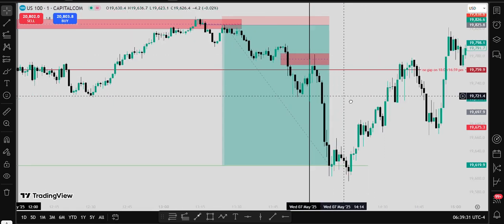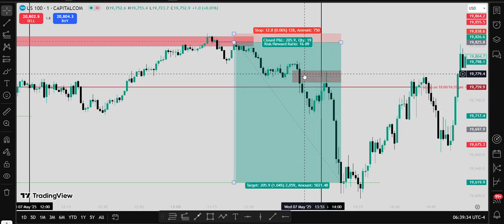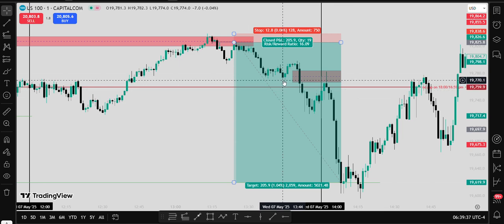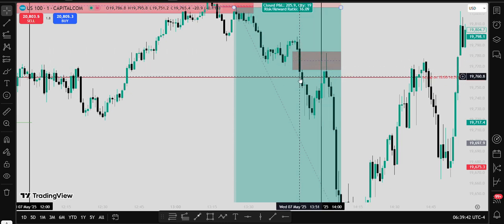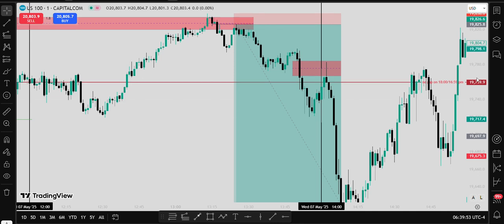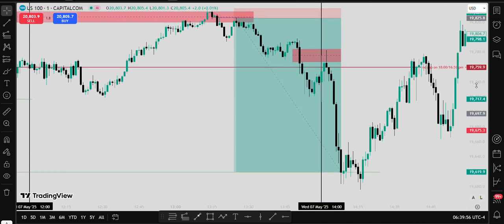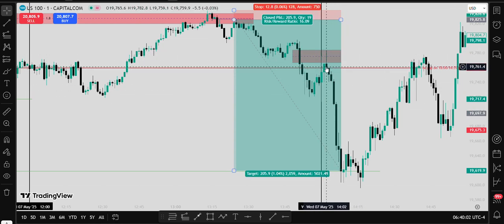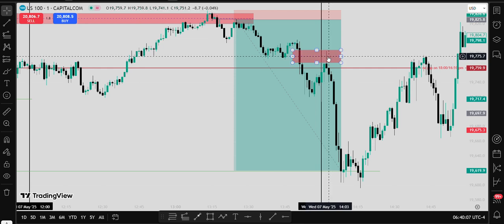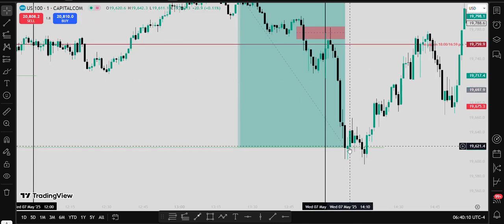The market before 2 had a fair value right here because there were equal lows here that were taken out by this voluminous down close candle, which left a fair value. The fair value was retested with a wick, but the bodies respected it because they never came closer to it, meaning there is more anticipation that this market is going to fall. It shows weakness when these bodies don't close above the closement encroachment of the fair value, and the market went lower.